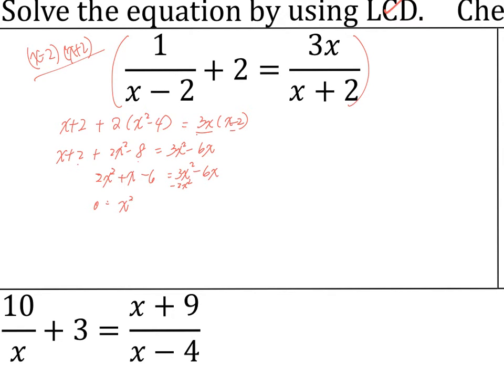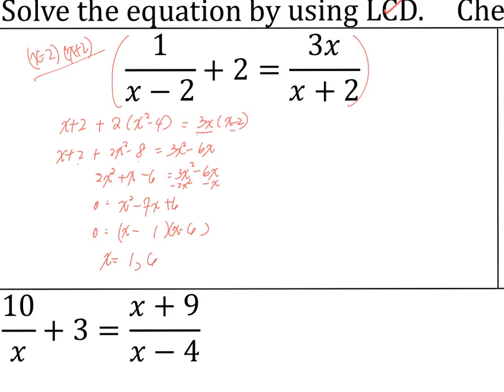Okay, and this would be minus x minus 7x plus 6. Okay, and then we have 1 and 6. So your solutions are 1 and 6.